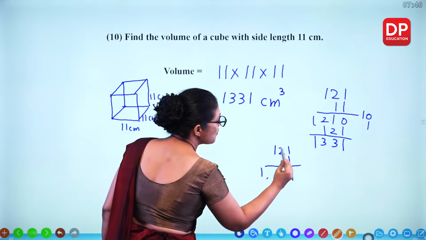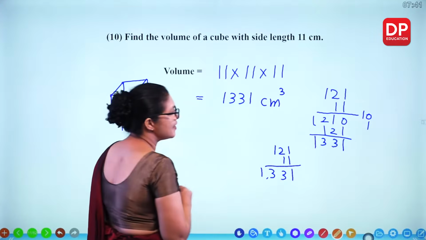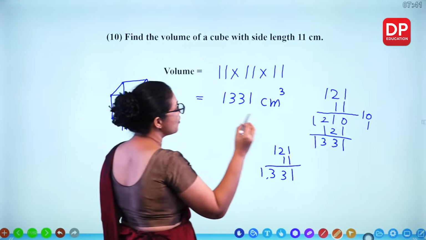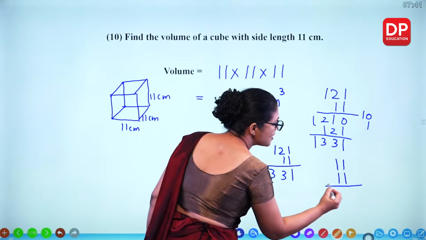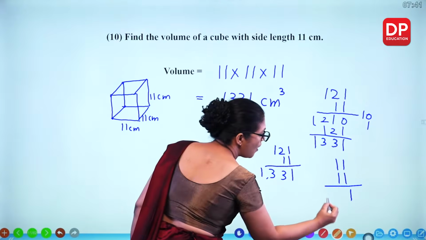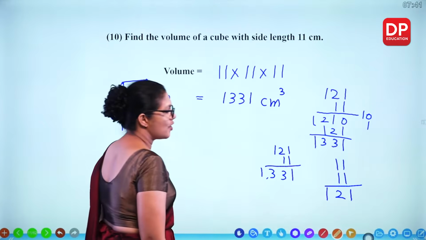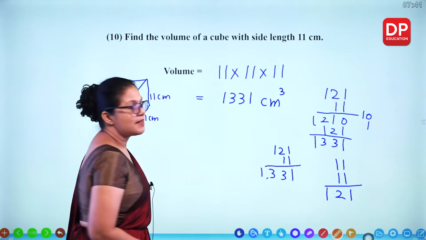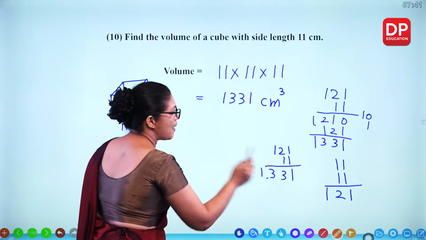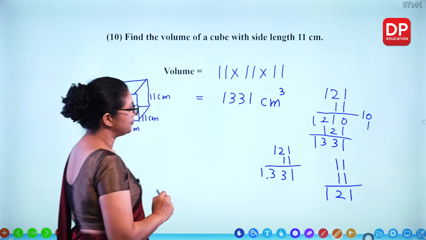So 2 plus 1, you add and get 3. 2 plus 1, 3. So what about 121? 11 times 11, 121. You get 1 here, 1 here. So 1 plus 1, you get 2. So just use the easy method to multiply when you are doing it with 11.